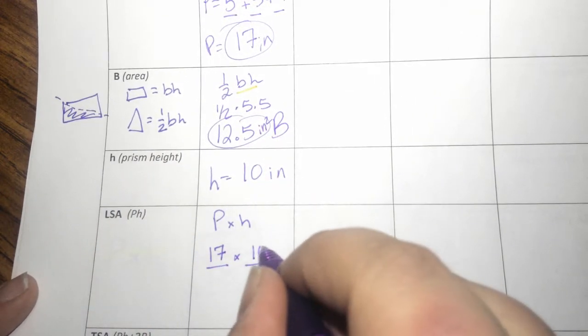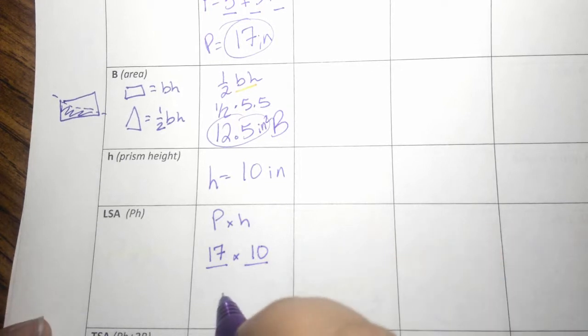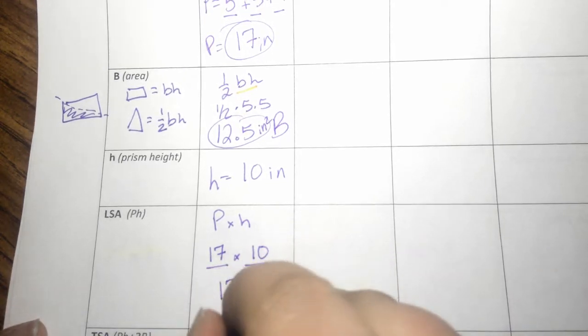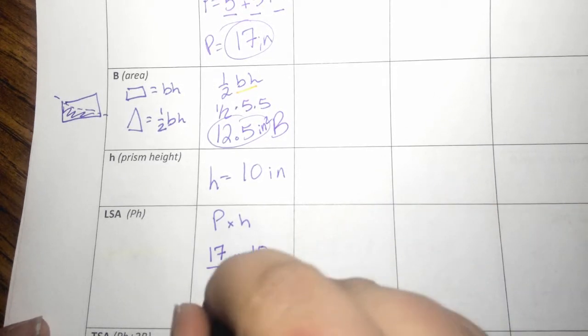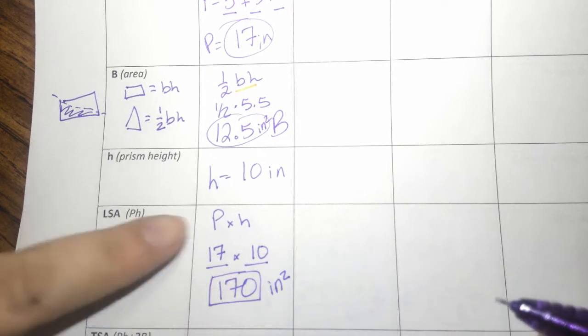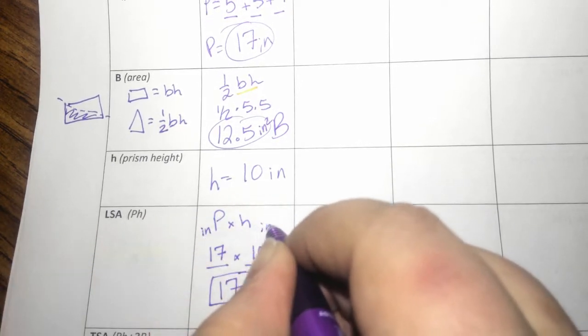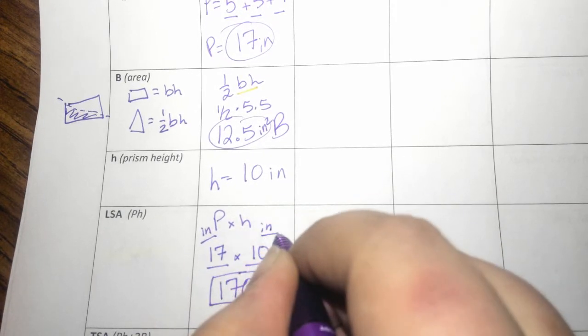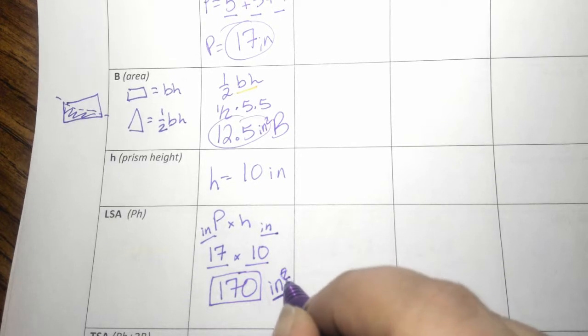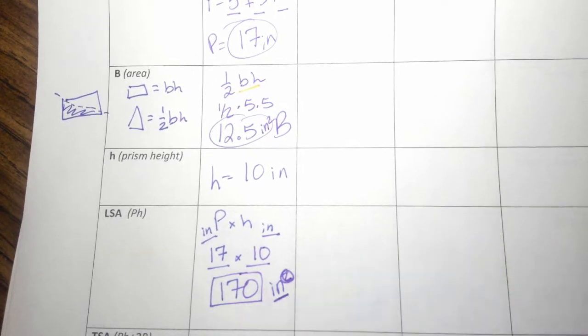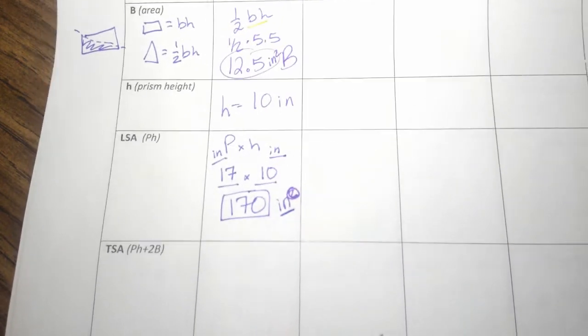Little h is 10. 17 times 10, or 10 times 17, is 170 inches squared, because this is a surface area. Notice perimeter is measured in inches. Height is measured in inches. Inches times inches is inches times itself, or inches squared.